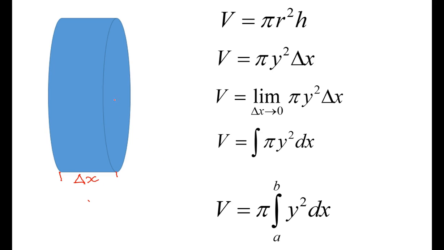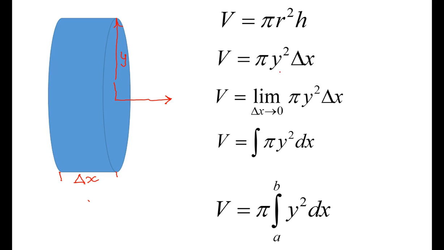Now, because this is rotated about the x-axis, it will go through here like this. The distance from the x-axis up to the outside, which is the radius, is the distance to the function. In other words, that distance is f(x), or quite simply, we can just call it the distance y.